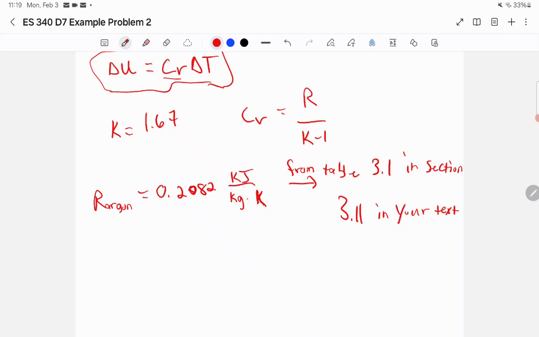So for some of these, we can find the R value right off of that table.